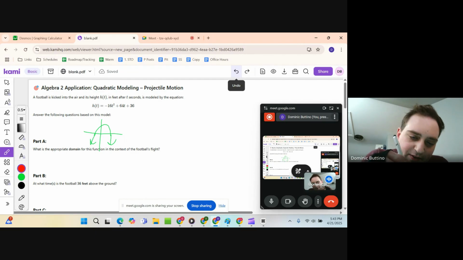If you think of your little guy kicking your football right here, and for some reason he's floating, but we'll get to that, the domain that you're going to use is starting at time 0 and going to infinity.